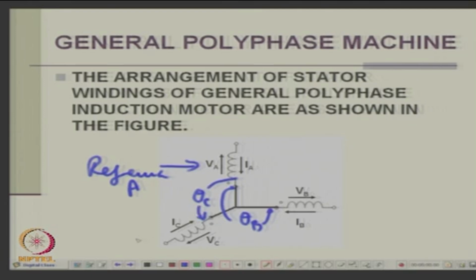I am making a general case of this, and this may have, let us say, Kb times the A winding turns, and this may have Kc times the A winding. In a symmetrical machine, theta b and theta c will be 240 and 120 degrees respectively, and Kb, Kc will be 1, right, that is symmetry.